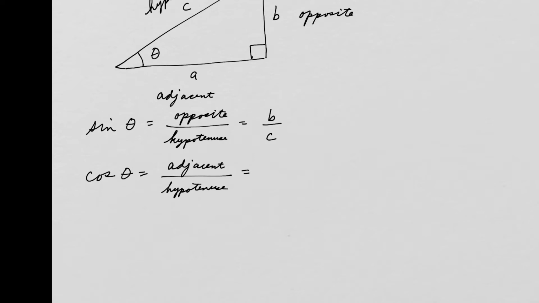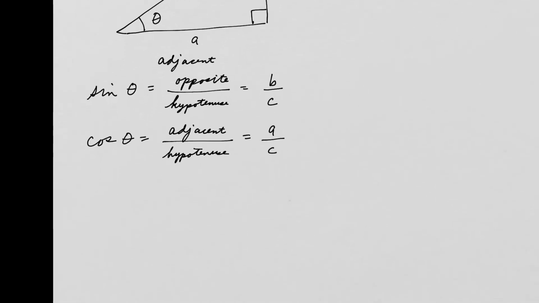So in this case, that would be length A over C. And then the tangent of theta is defined to be the length of the opposite side over the adjacent side. So in this case, it would be B over A.